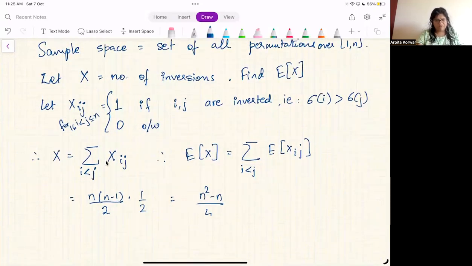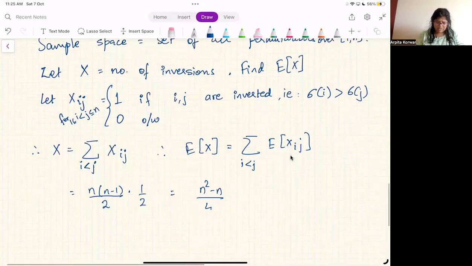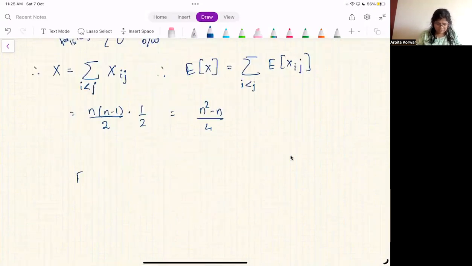And X is the summation of Xij over all i strictly less than j. Now by linearity of expectation, the expected value of X is equal to the summation of the expected value of Xij. Now, what is the expected value of Xij?